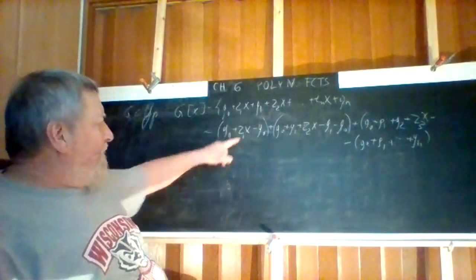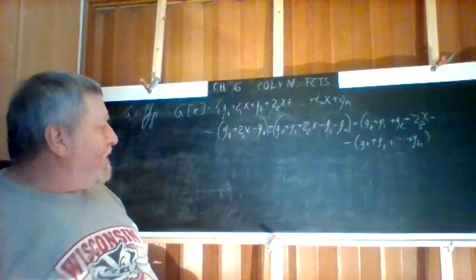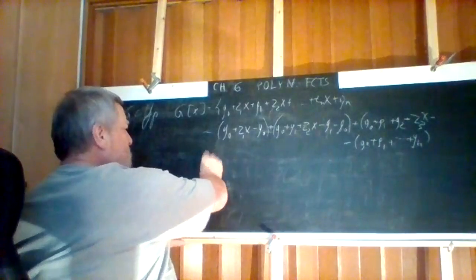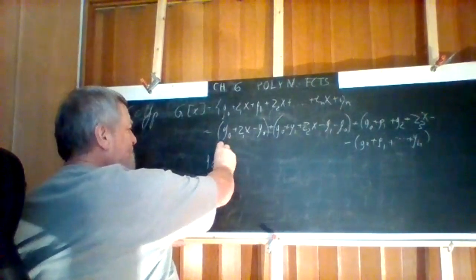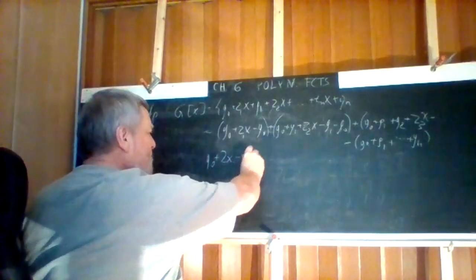And even that z1 times X can be transformed in another way, in such a way that we write, for instance, g sub naught plus, say, 2 times X minus g sub naught.